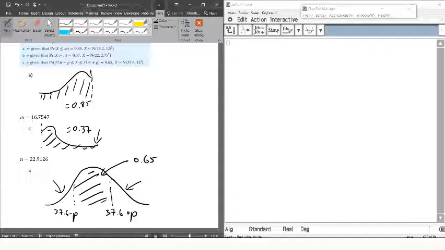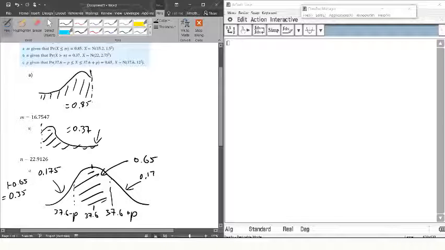Because normal distributions are symmetrical, and this is from the mean right here, which is 37.6, the other two areas must be equal to the rest, which is 1 minus 0.65, which gives us 0.35. Then it must be split in half, so we have 0.175.